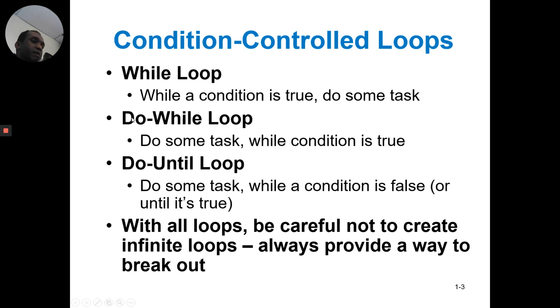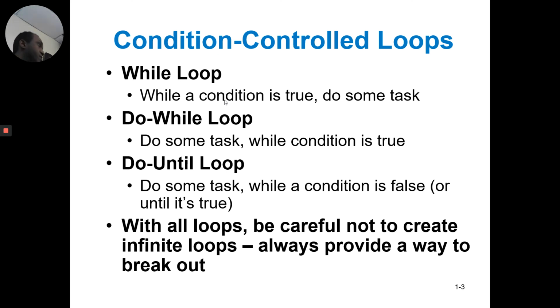I gave you an example last class of a while loop. While a condition is true, do some task. We gave the example of a drive-through of a restaurant, let's say. The first thing they check is whether you actually paid.